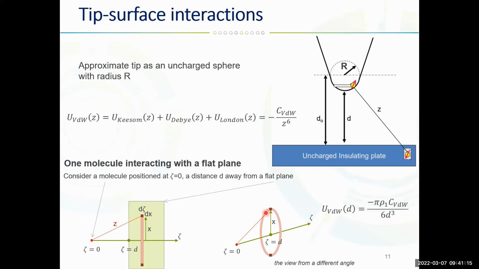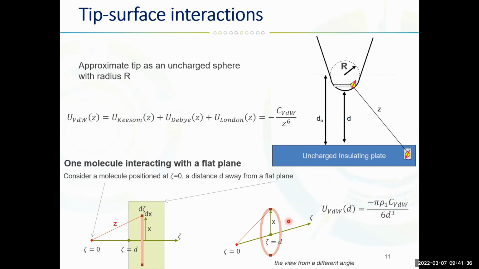So we will separate this plane into rings. This is a ring that belongs to the plane, right? And we will calculate the potential energy that the molecule and the entire plane have.